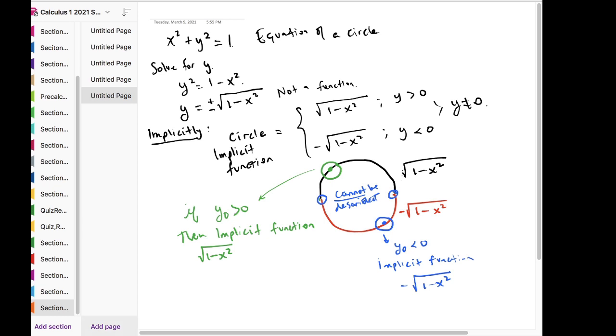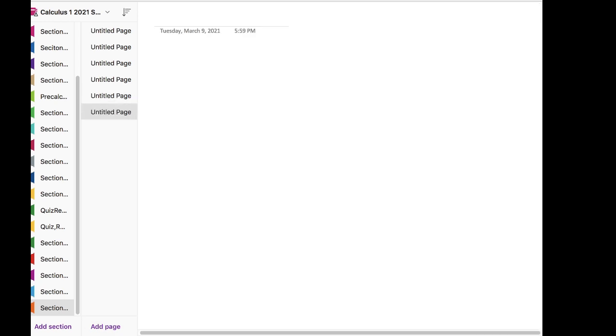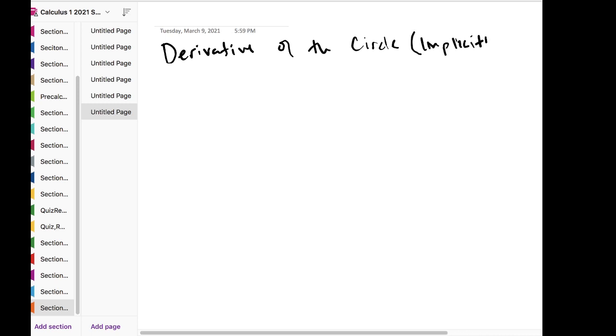Okay, so what is the idea? Now we're going to take a derivative. So y is an implicit function.